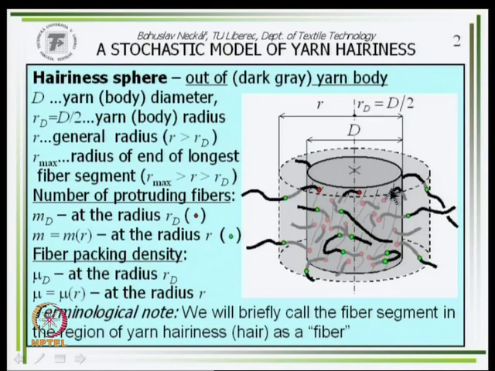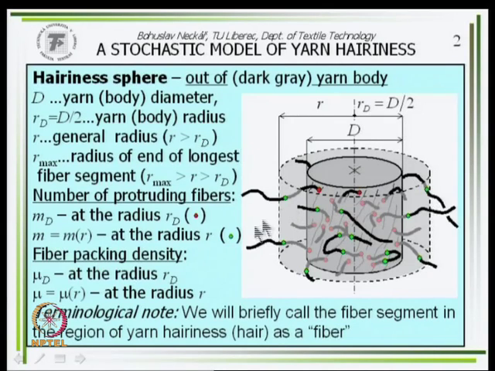In the differential layer on the radius rD, on the yarn surface, is some value of packing density. This packing density we call mu D. This is the packing density in the vicinity of this cylinder surface having radius rD.